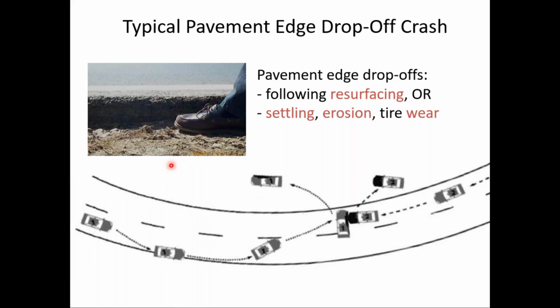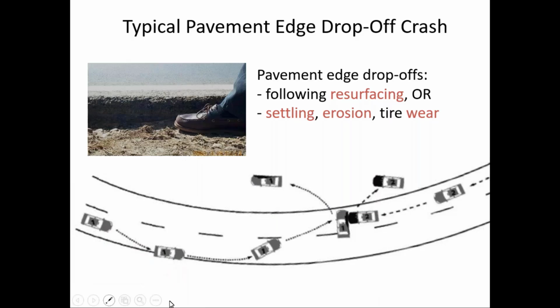This shows the classic edge of pavement drop off, and you see a drop off there. The vertical drop off would be the most serious condition. And we've all probably seen this, or maybe we've even, as drivers, been here ourselves, but notice as the vehicle's driving, in this case around a curve, the 2 right tires drop off the traveled way or off the pavement onto a lower shoulder.